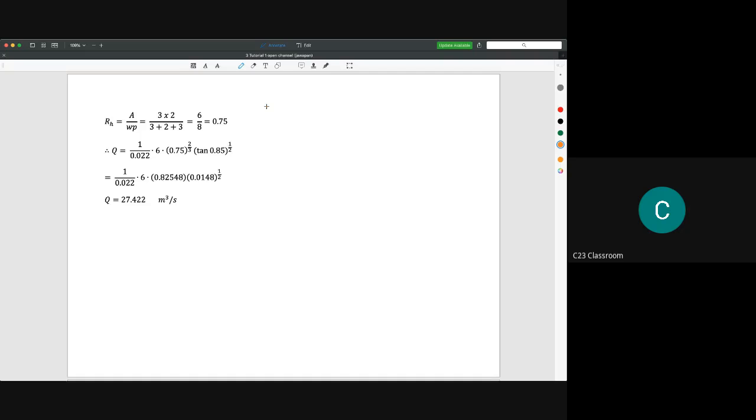If you refer back to our notes, previously we had a water channel with a water flow at a certain inclination, 0.85 degree.